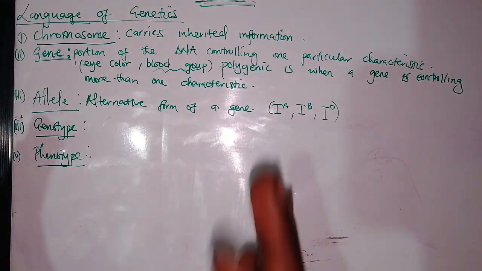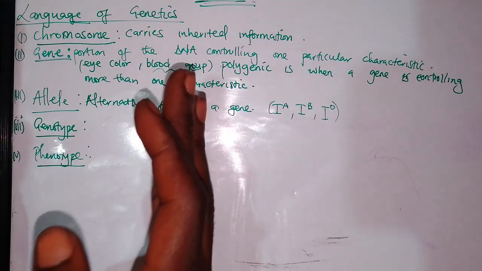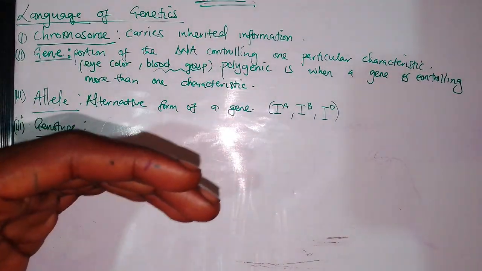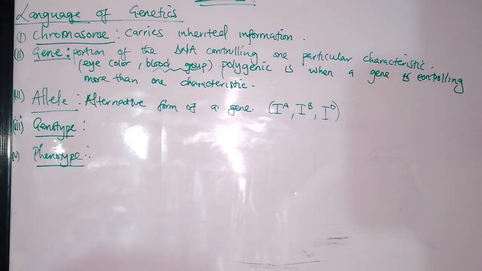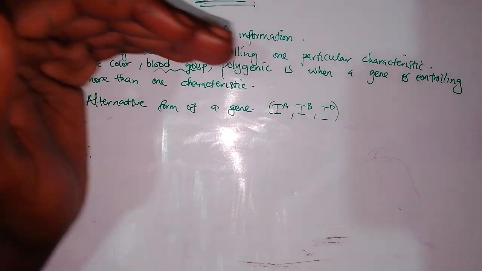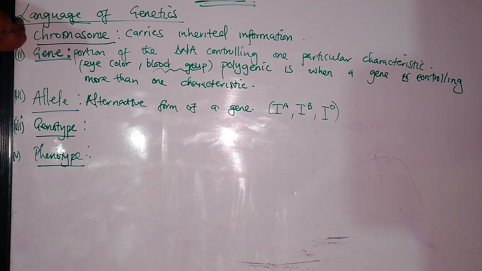If you are following me carefully, you are seeing how the information is adding on top of each other. Even if you are studying, you never forget. We started with a chromosome which carries inherited information. Then on the chromosome, we have a gene which controls a particular characteristic.